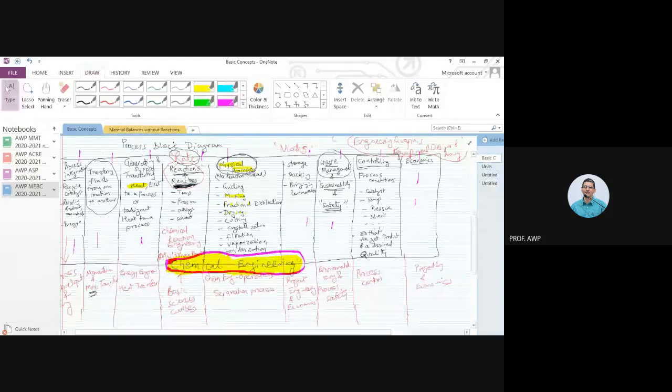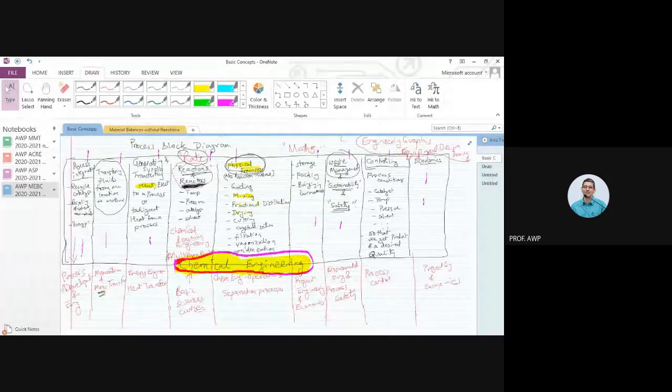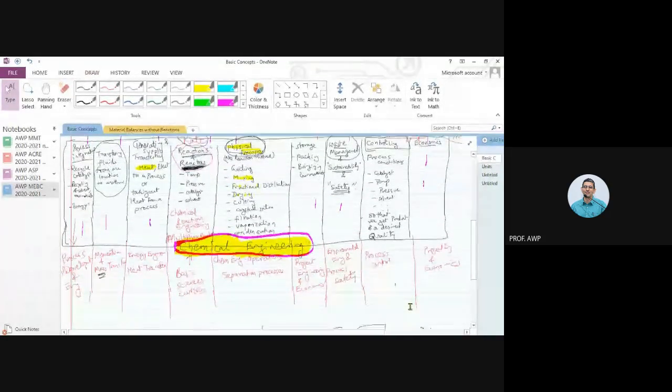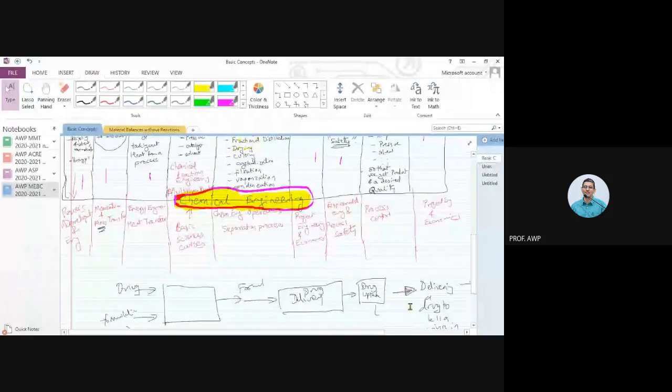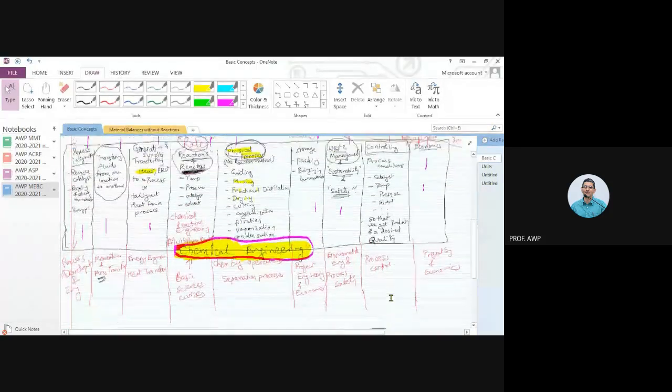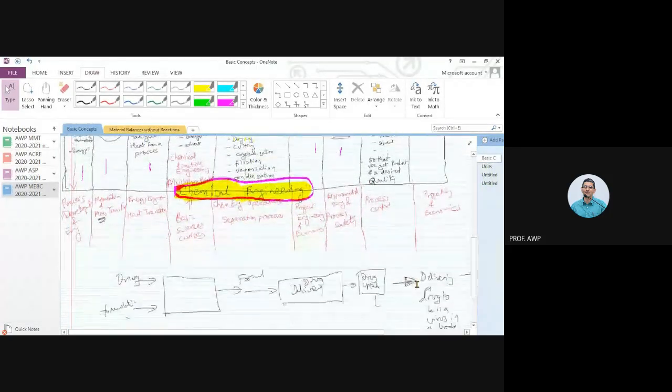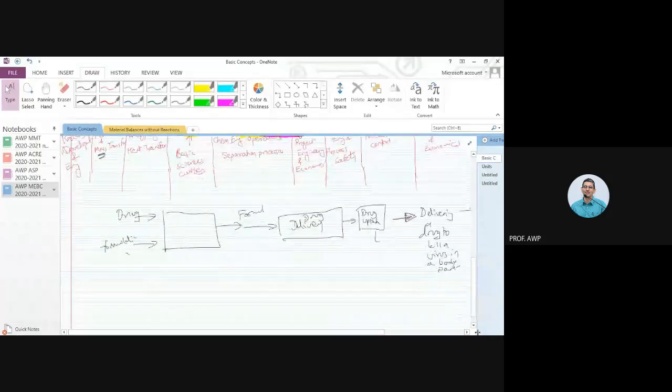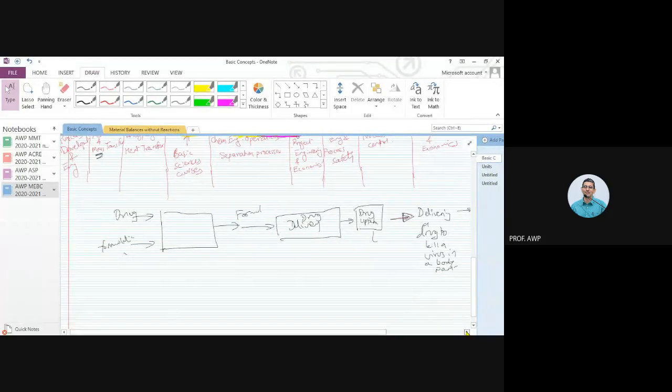And finally, you are going to get to use them in your 4th year in a subject called the home paper, your final year project, where you will have to combine all these operations and processes and reactions and safety and all those things.